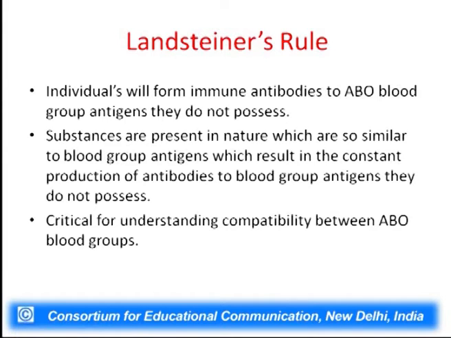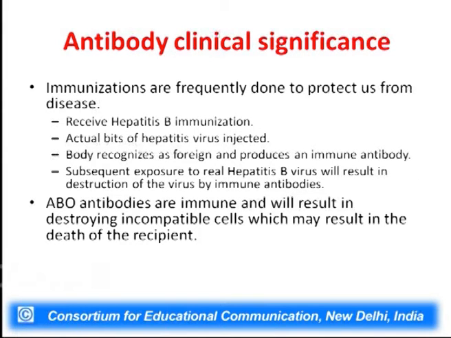So, ruled by these 3 rules, we came up with the clinical significance of the observations of Landsteiner. We all know that immunizations are frequently done to protect us from diseases.